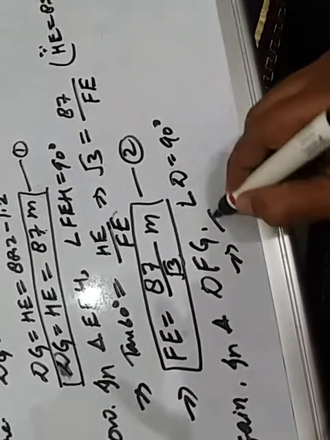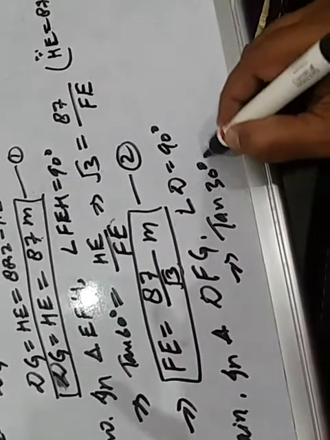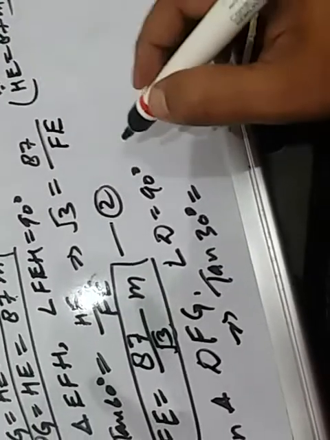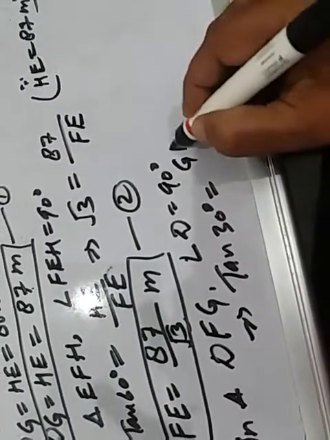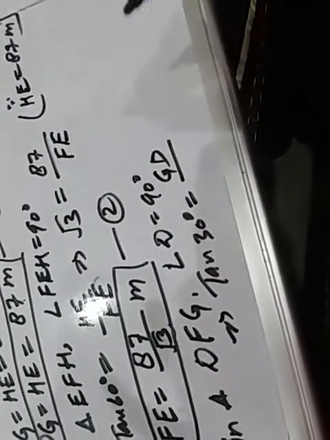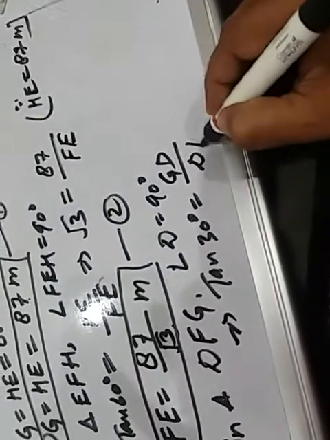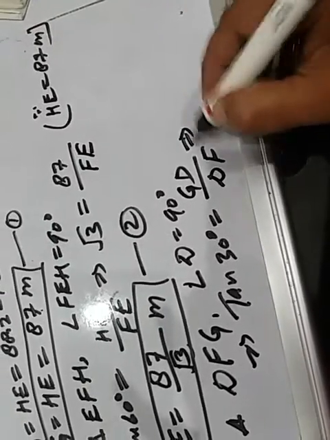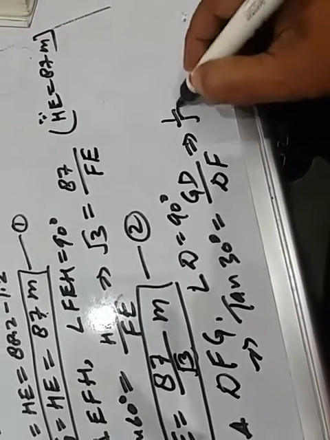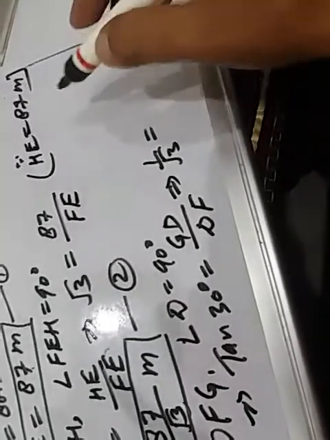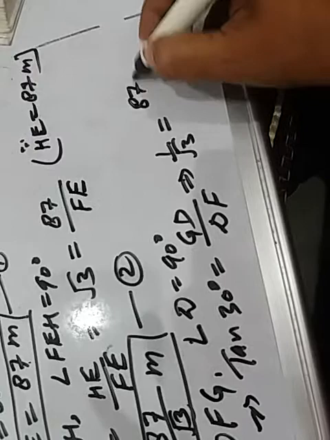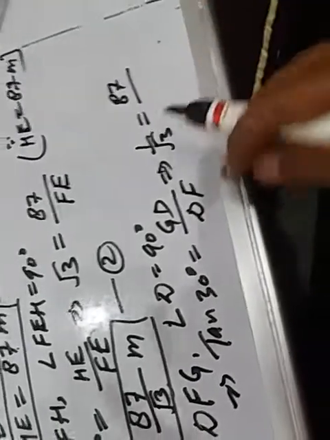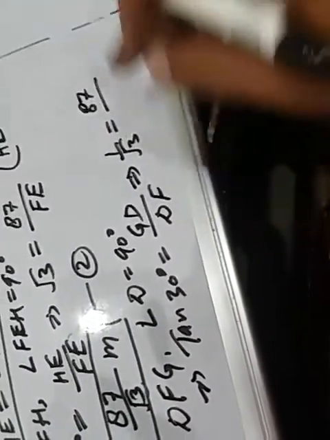This implies that tan 30 degree equal to what? GD upon DF. Is there any doubt? That is perpendicular upon base. This implies that tan 30 degree equal to 1 upon root 3 equal to GD, and GD equal to 87 meter upon DF. Where is that? DF is FE plus FD.